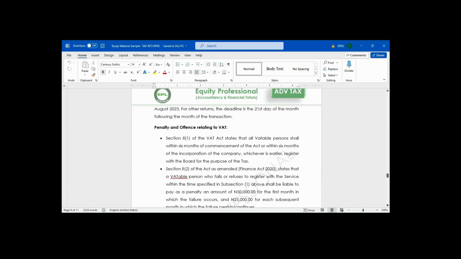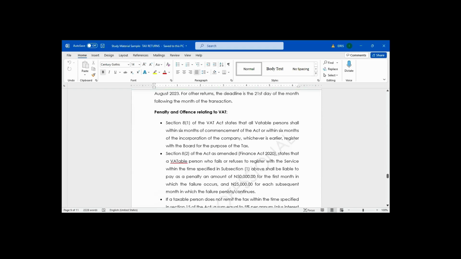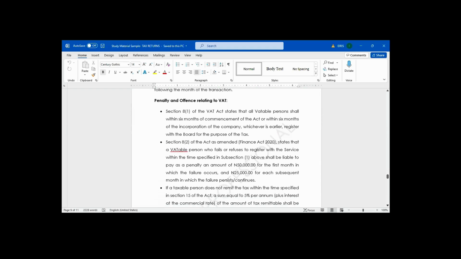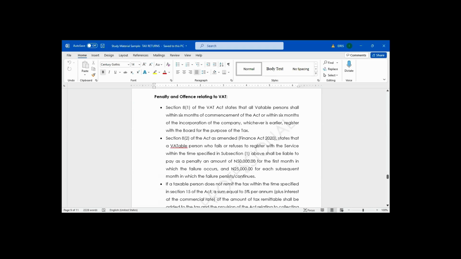If a company fails to register within 6 months, that company will be liable to a penalty of 50,000 naira for the first month of the failure and 25,000 naira for every subsequent month in which the failure continues.